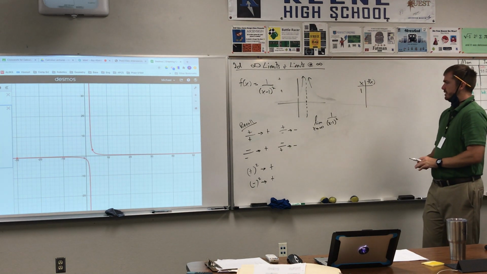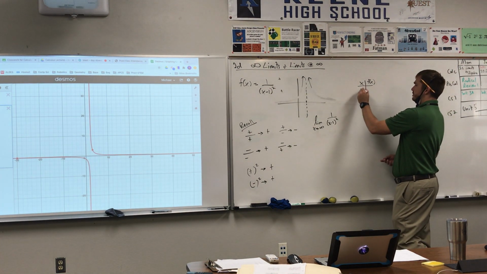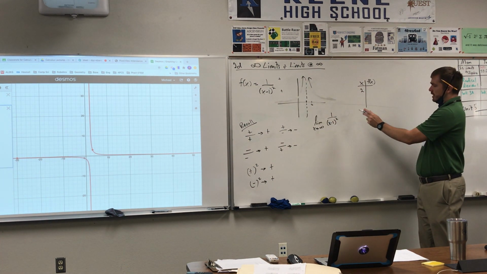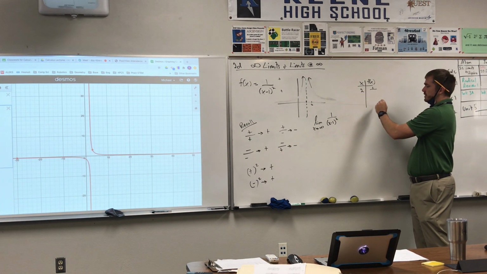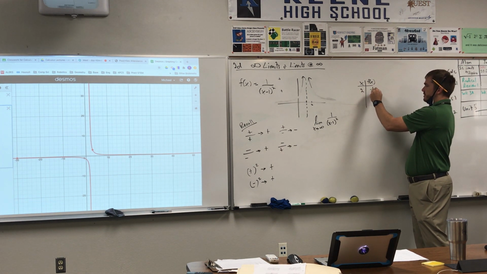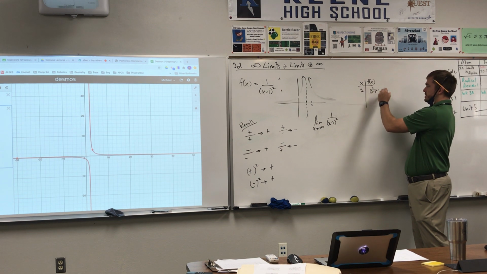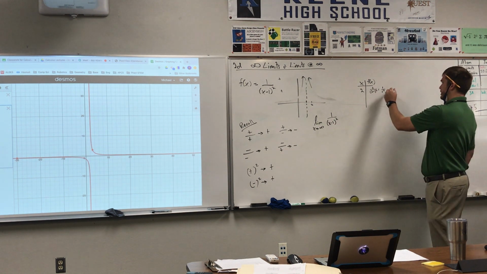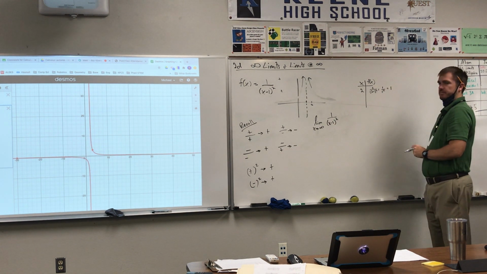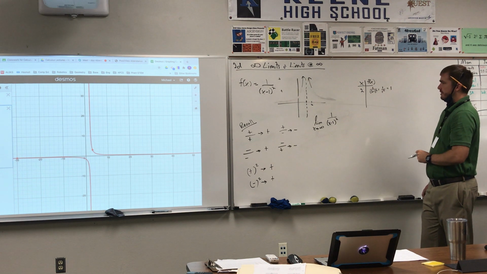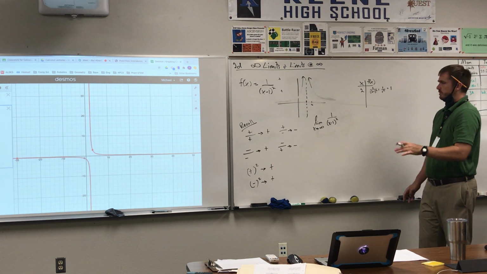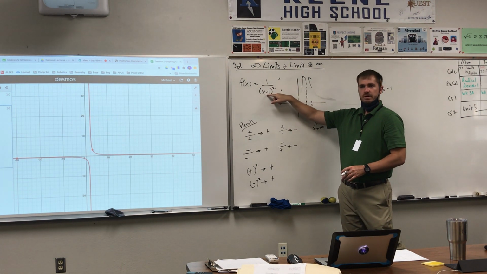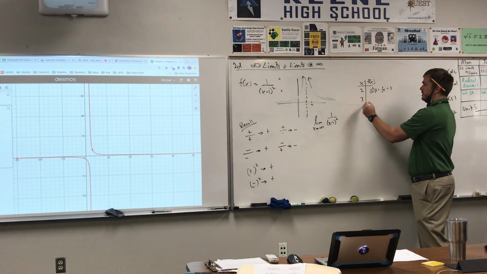So when x is 2, our y value would be 1 over (2 minus 1) squared, so 1 over 1 squared, that's just going to be 1. See if you can walk with this. Whatever my x value is, the number in here is going to be 1 smaller than it, because the denominator is x minus 1.